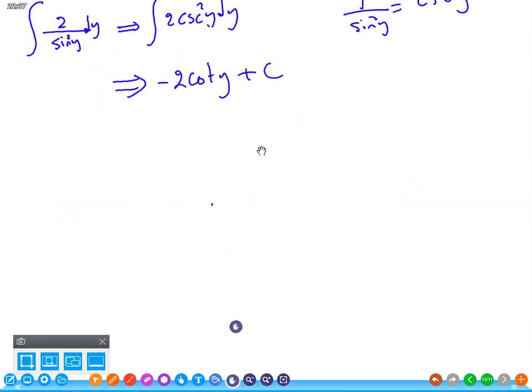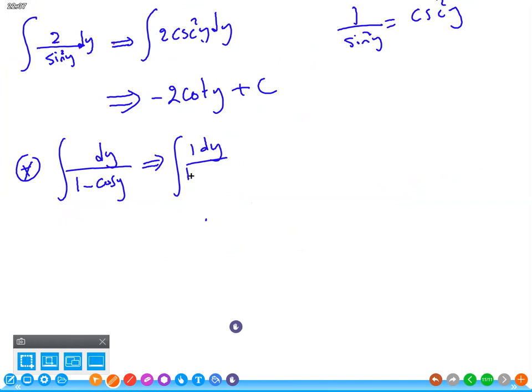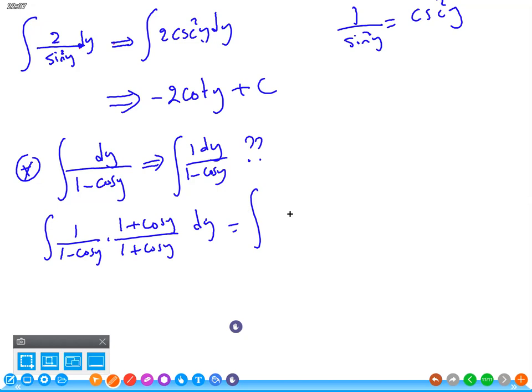If we have integration dy over 1 minus cosine y. Here we don't have identities, and I have 2 terms in the denominator, so we cannot split, so I want to multiply by the conjugate of 1 minus cosine y, very important. So 1 over 1 minus cosine y times 1 plus cosine y over 1 plus cosine y dy equals 1 minus cosine squared y in the denominator, 1 plus cosine y dy.